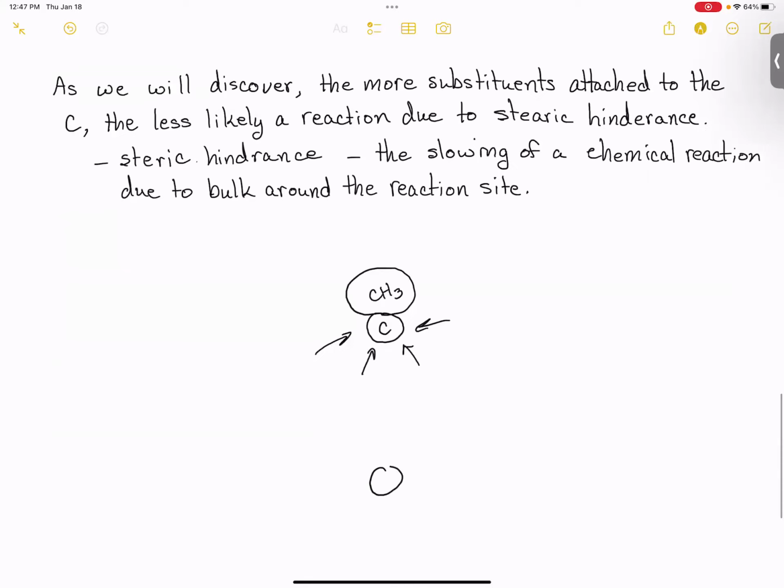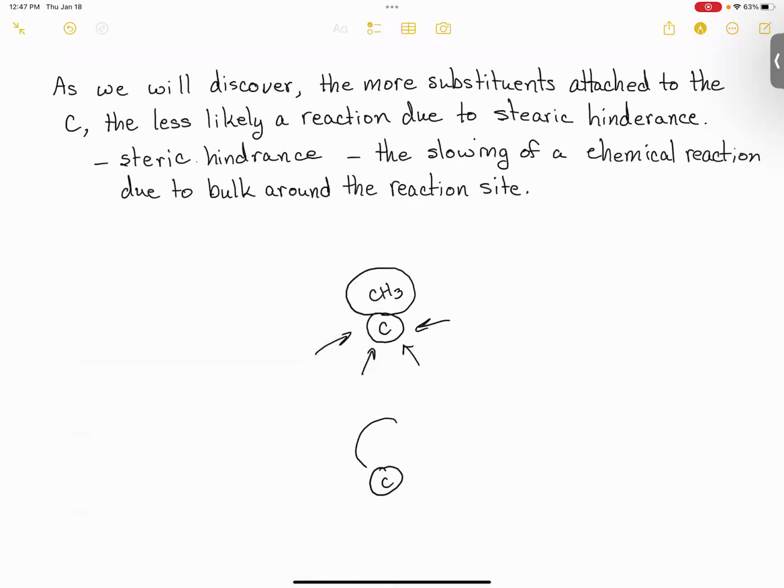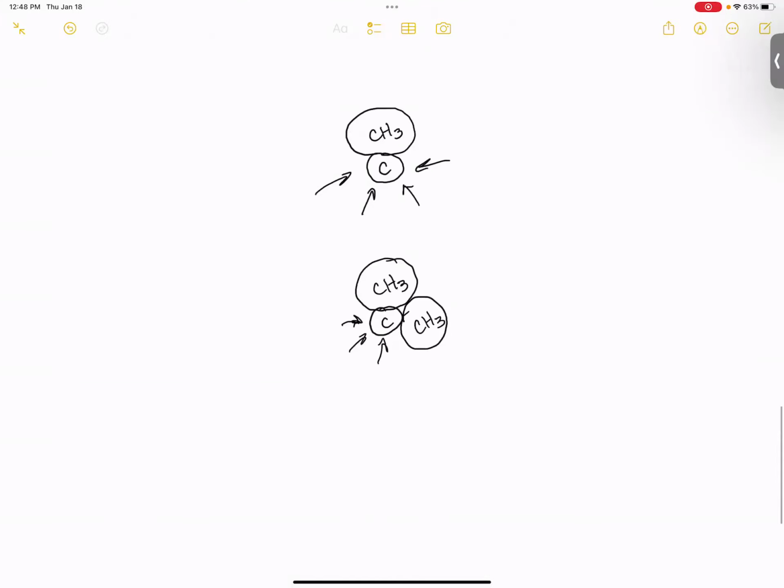If we have that carbon atom and we have 2 balls of CH3 groups, we have just reduced the amount of surface area where this attack can occur. So, as you can imagine, if you have your carbon and you have four balls around it, there's no place for attack. And so the reactivity is going to decrease due to this steric hindrance.